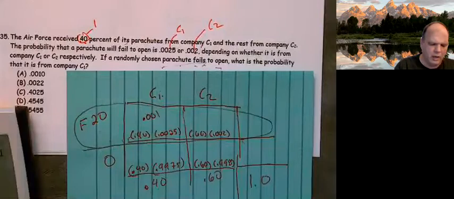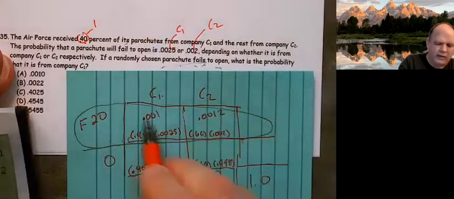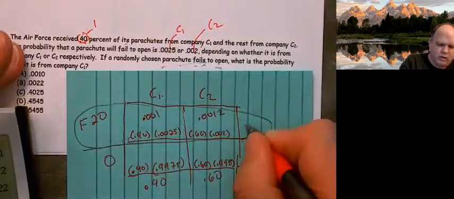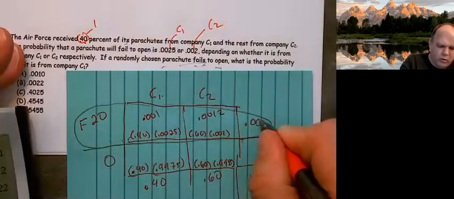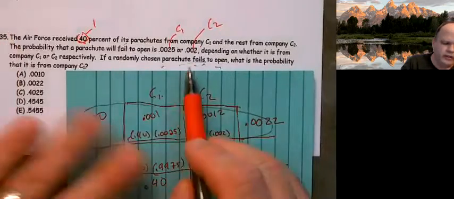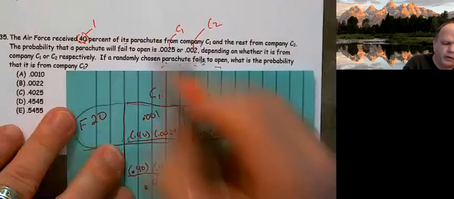And then 0.6 times 0.002 tells me this is 0.0012. Add these two values together, and I get 0.0022.